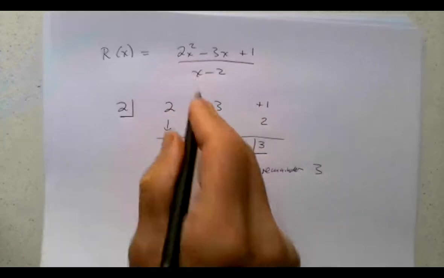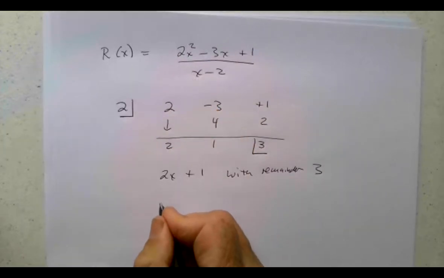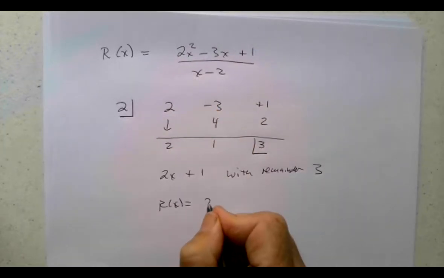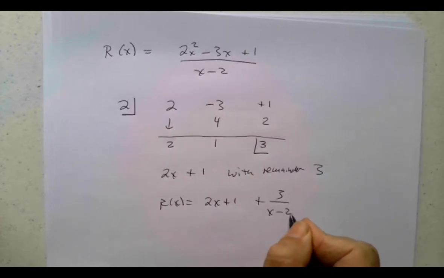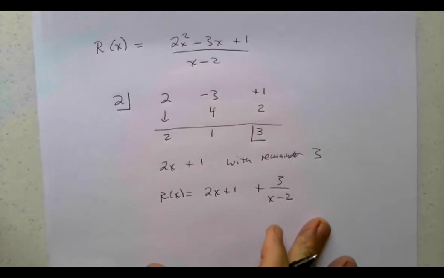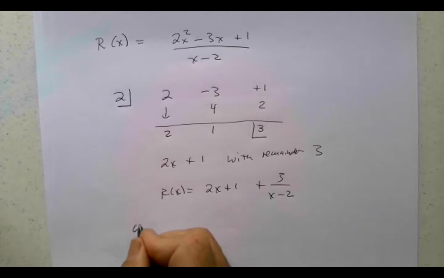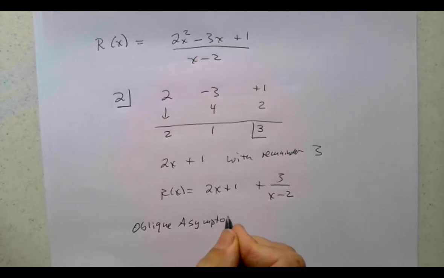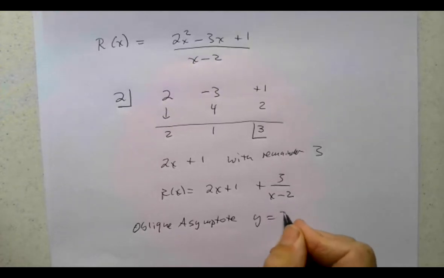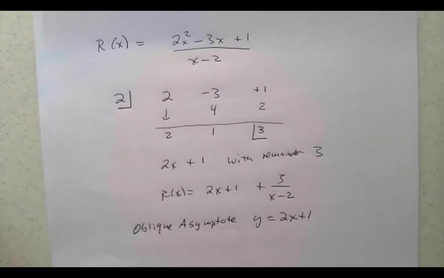Of course, 3 goes over the divisor, so we get r of x is 2x plus 1 plus 3 over x minus 2. Just a slightly simpler strategy than long division, so our oblique asymptote should be y equals 2x plus 1.